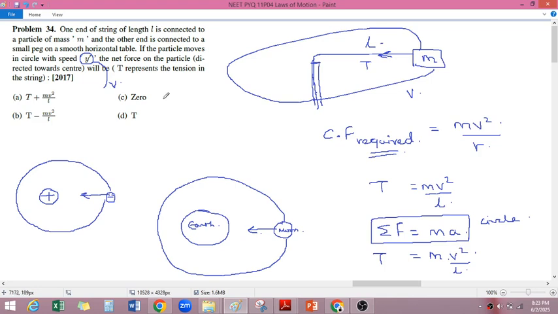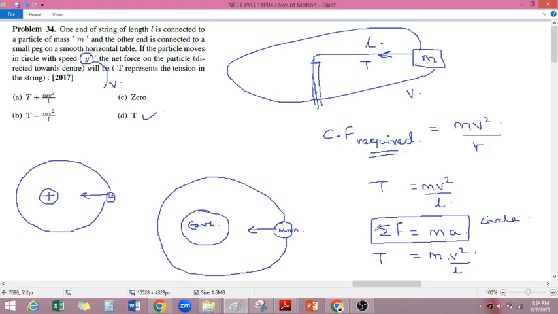Coming back to the question, the net force is only T. So they are asking only this one, it is actually T. Some of you might make the mistake of choosing T minus mv squared by L because it looks tempting.